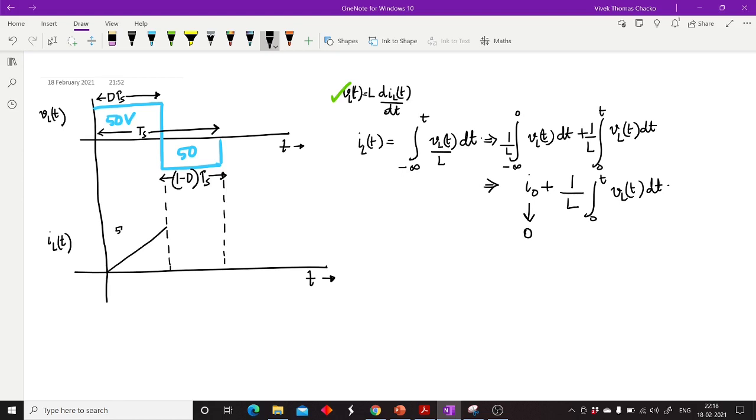The slope is given by 50 by L, and at dTs it reaches a maximum value. After dTs it sees a negative voltage of 50.